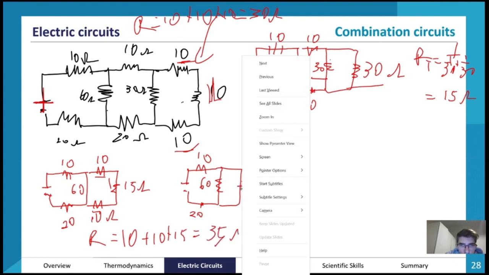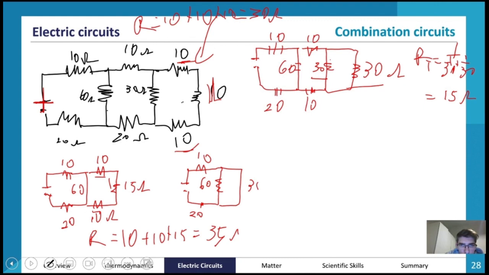So that is a resistor of 35 ohms here. However, the 35 and the 60 resistor are connected in parallel with one another. So you have to redraw that again, and basically take it very slowly now, because now it gets very complicated.